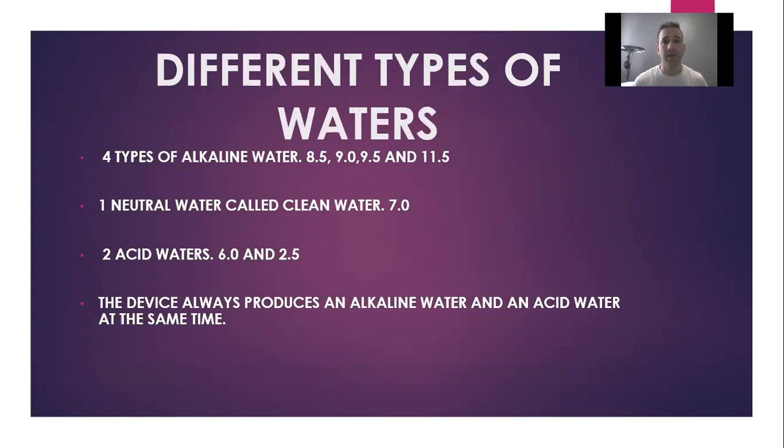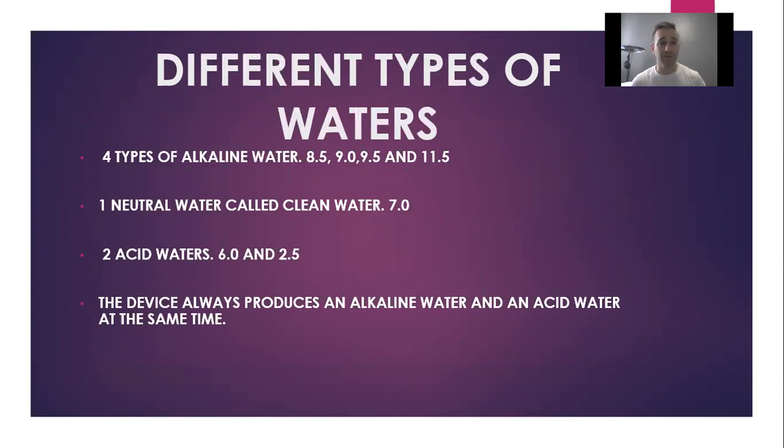So for an example, when you produce Kangen water 9.5, that's what's going to be coming out of the alkaline hose. A pH of 4.5, acid water will be coming out of the acid hose, okay?